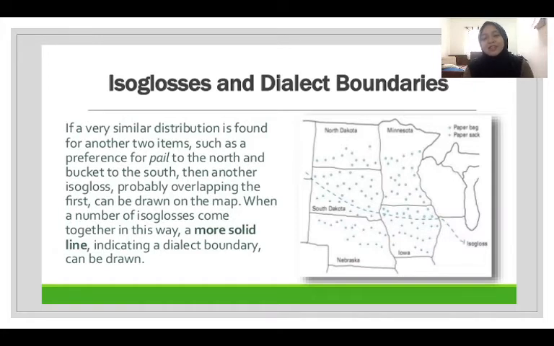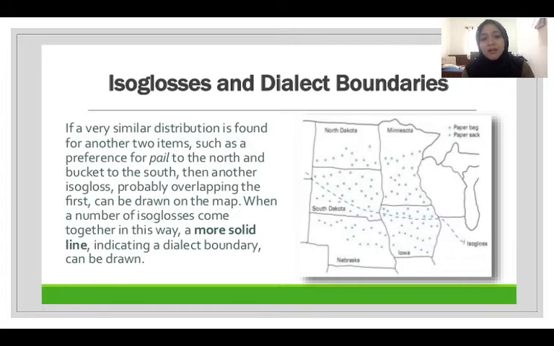So how do we separate this? We draw a line, and that line represents an isogloss. This line can be drawn on the map, as you can see here. The dots show the differences, whether they use pail or bucket.